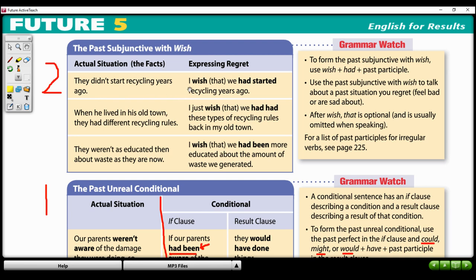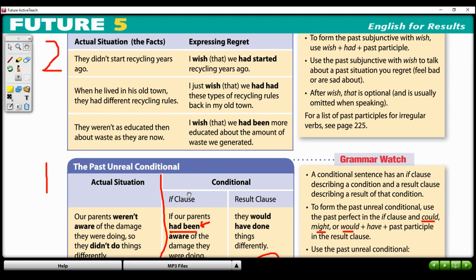And so I might say, I wish we had started recycling years ago. And that means the same, it's expressing regret. It's the same as saying, if I had started recycling years ago, I would not have wasted so much material, or I would not have polluted the earth so badly.